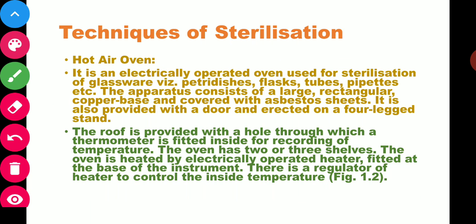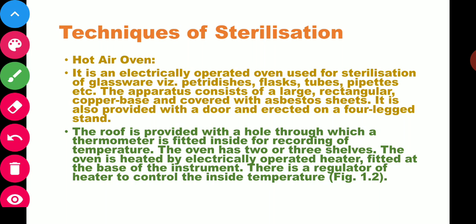Another technique of heat sterilization is the hot air oven. It is an electrically operated oven used for sterilization of glassware, such as petri dishes, flasks, tubes, pipettes, etc. The apparatus consists of a large rectangular copper chamber covered with asbestos sheets.